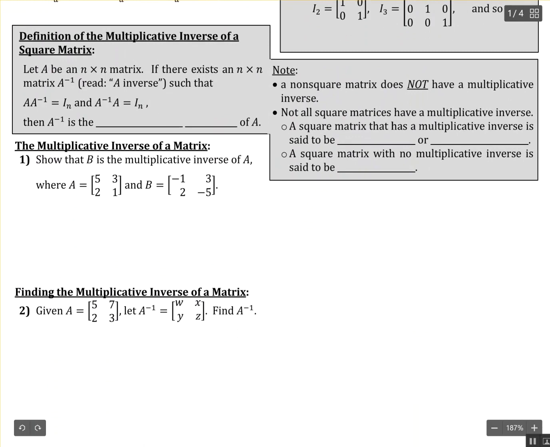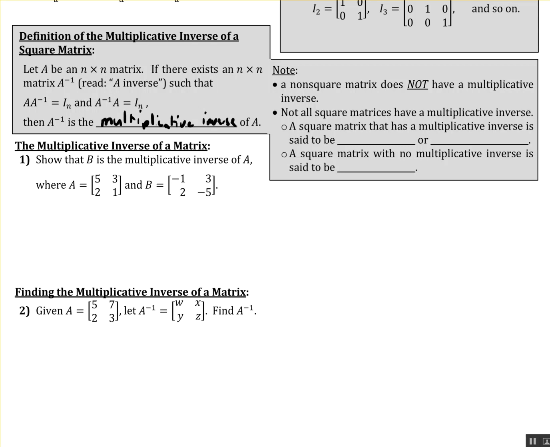All right, so the definition of the multiplicative inverse of a square matrix. Notice it has to be a square matrix in order to have an inverse. If A is an n by n matrix, and there exists an n by n matrix A inverse such that A times A inverse equals the identity matrix, and A inverse times A equals the identity matrix, then A inverse is the multiplicative inverse of A. A non-square matrix does not have a multiplicative inverse.